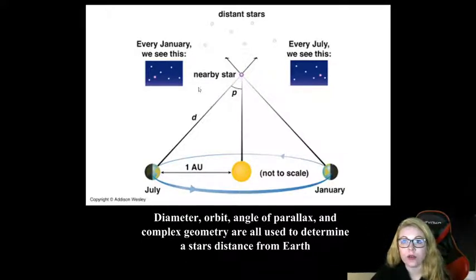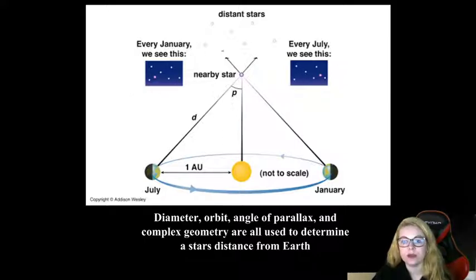And so what they're showing you here briefly is in January, this is what you would see in the night sky. But because the Earth has rotated, 6 months later, we are now in July, this is what you see. Do you see how it's a mirror image, but it's different, but yet the same, right?